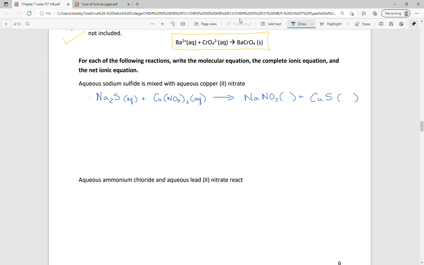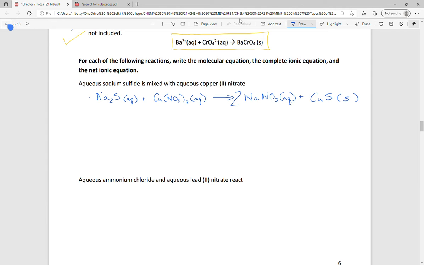You should take a look at balancing this. I want to fill in those brackets so badly that I sometimes forget. If I balance metals, polyatomics that stay together, and everything else, it works out like that. To fill in these brackets, I consult my solubilities chart. I figure out that my sodium nitrate is aqueous and my copper(II) sulfide is my precipitate, and so it would be solid.